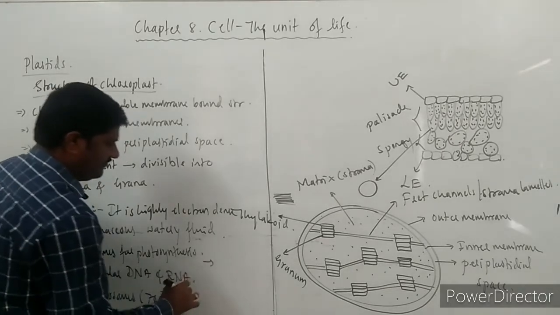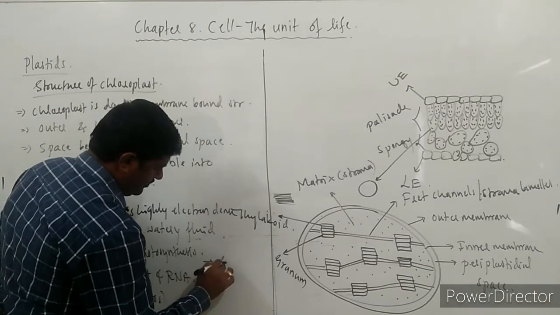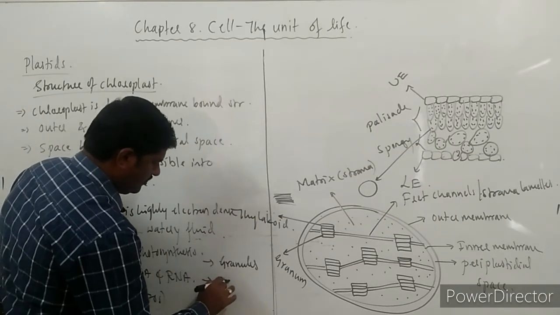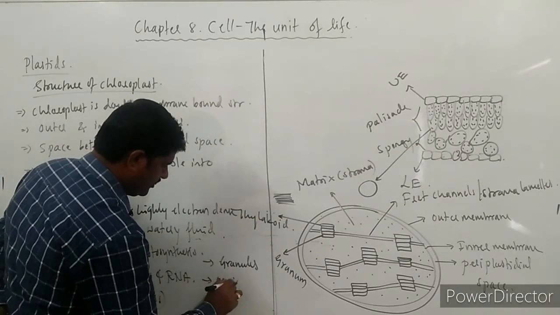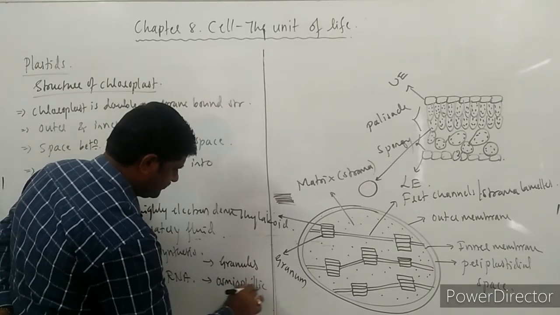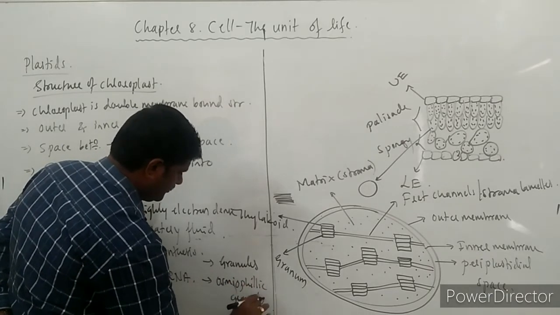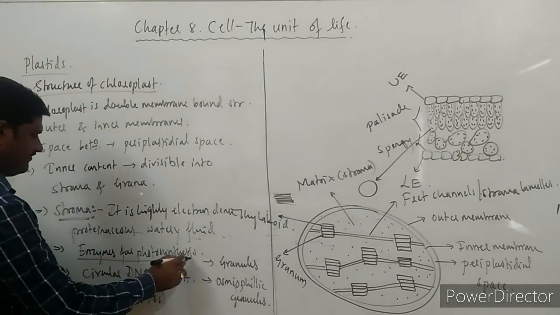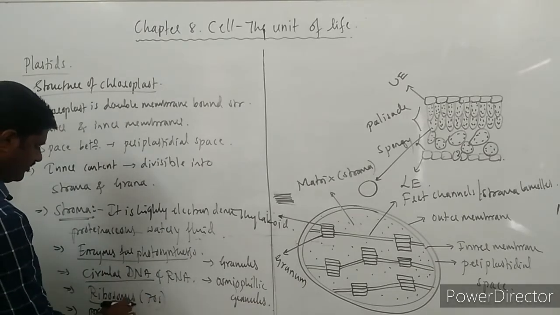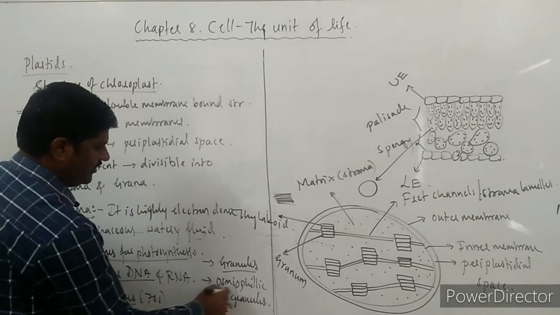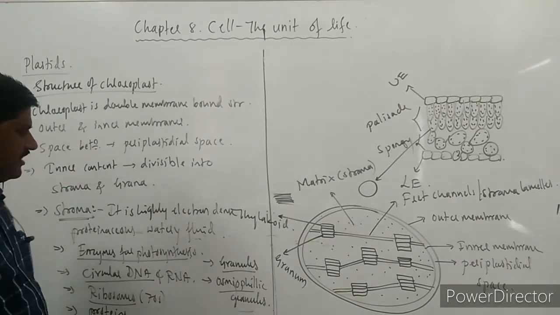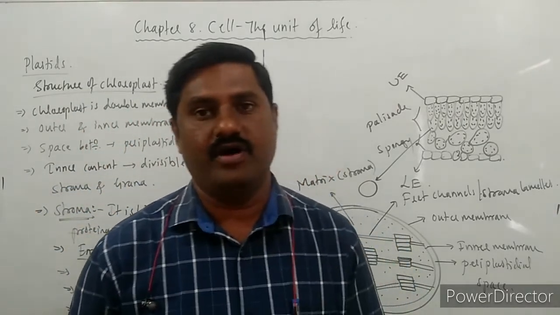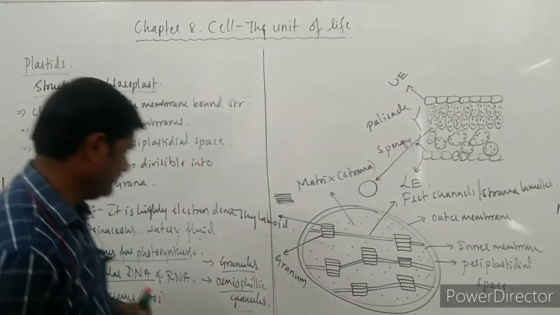Apart from this, granules are present over here. This is more important: osmiophilic granules are also present. So enzymes required for photosynthesis, circular DNA, ribosomes, proteins, granules, osmiophilic substances, all these are contained in this electron dense watery fluid, right?